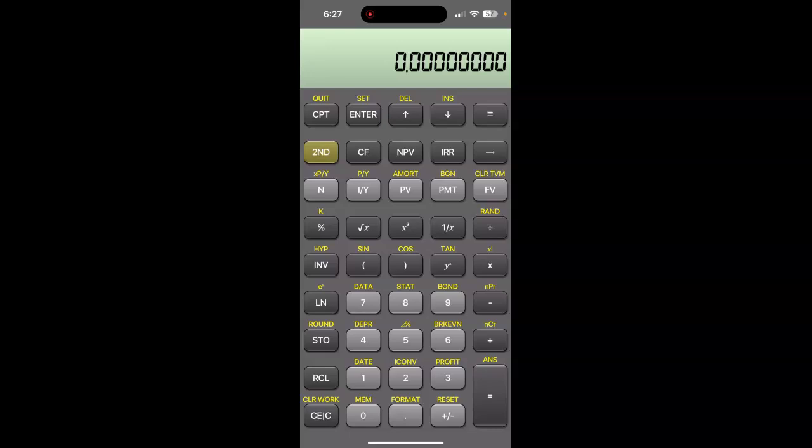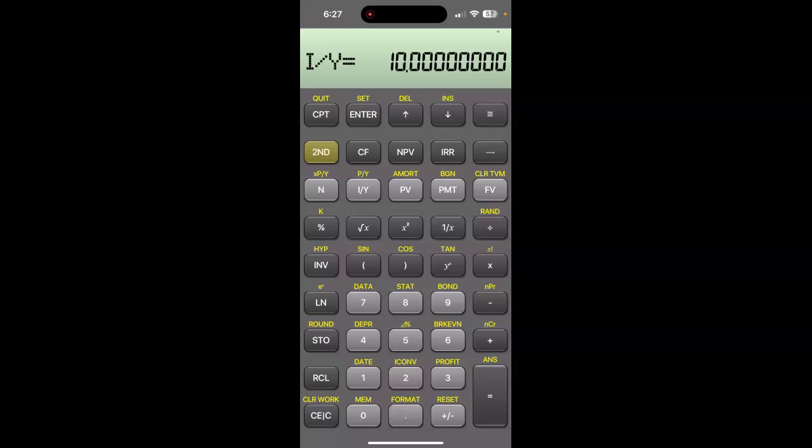Now we put in all the TVM key values. N is 20 because it is 10 years with semi-annual payments. I/Y is 10%.